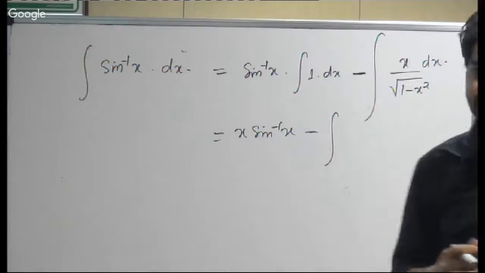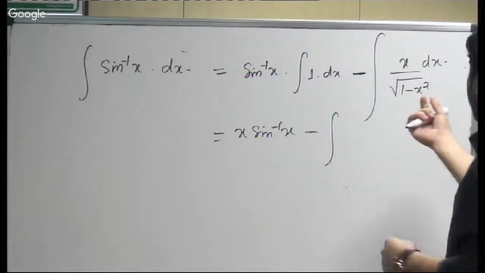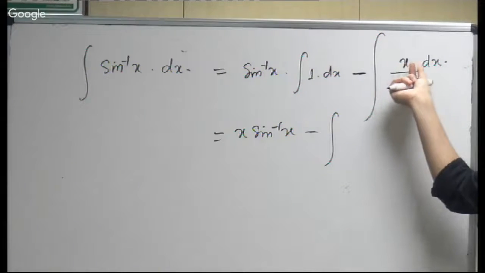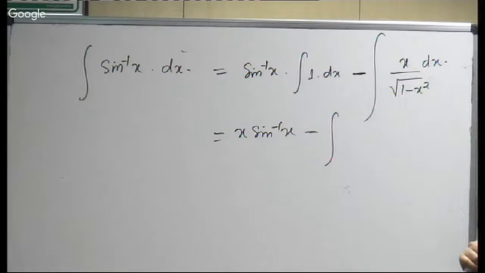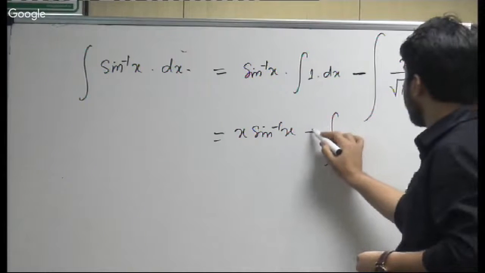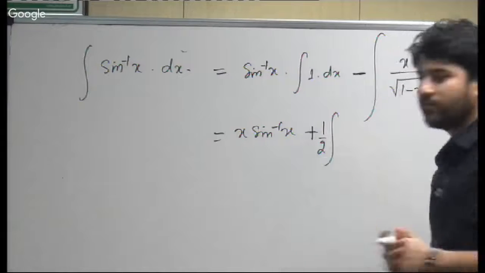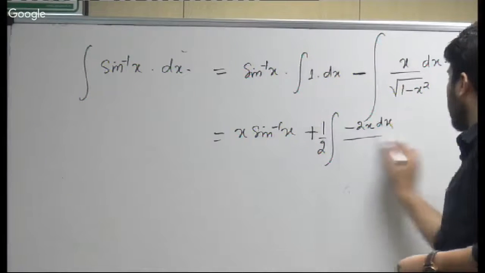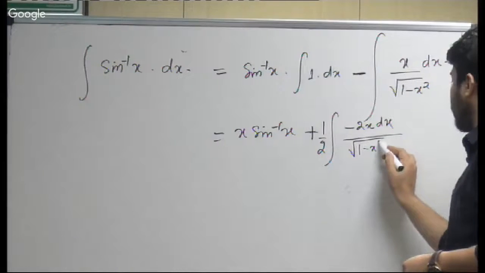We have done it last time. My 1 minus x square becomes t. So minus 2x dx becomes my dt. So I'm going to put plus half, and this will become minus 2x dx upon under root 1 minus x square.